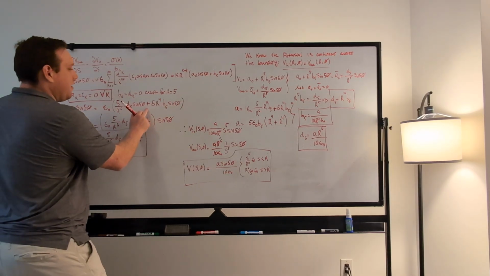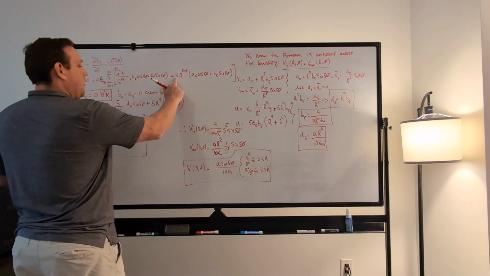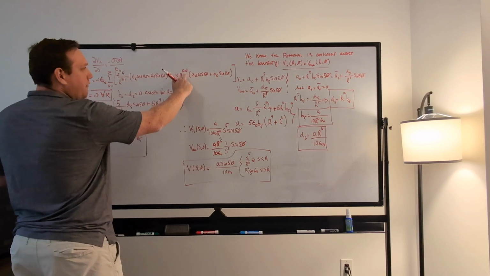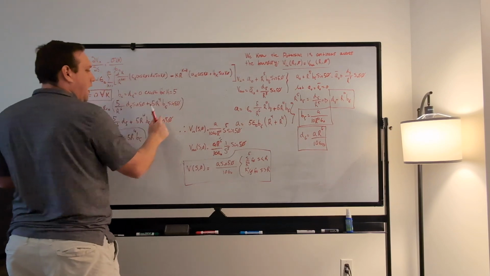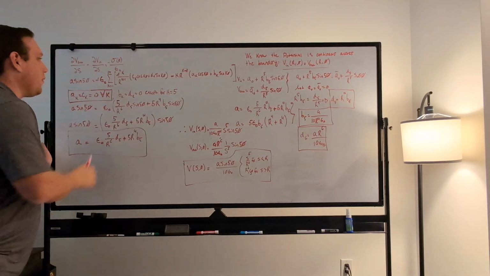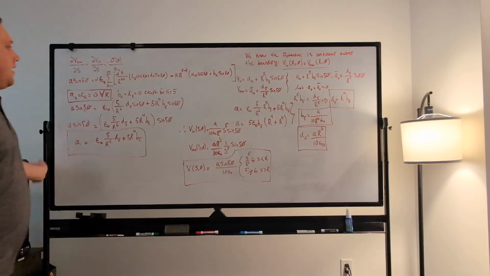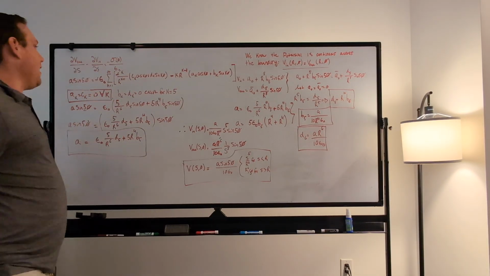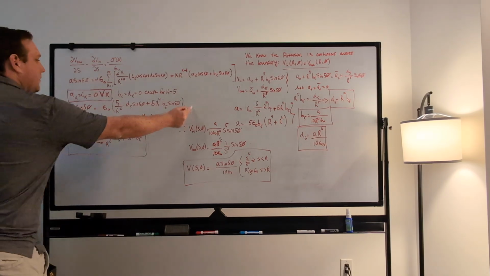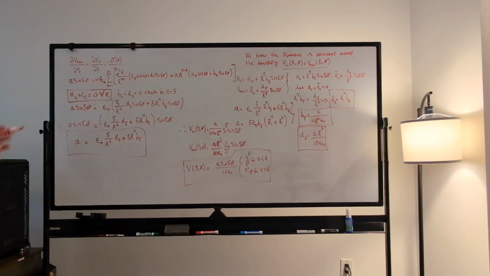Times sine of 5 phi plus 5 r to the 4th, plugging in 5, times b sub 5 sine of k phi, or sine of 5 phi. So we just plugged in 5 for k and dropped everything. So we dropped a and c and just plugged everything in. And we get this expression. All right, we're getting closer.